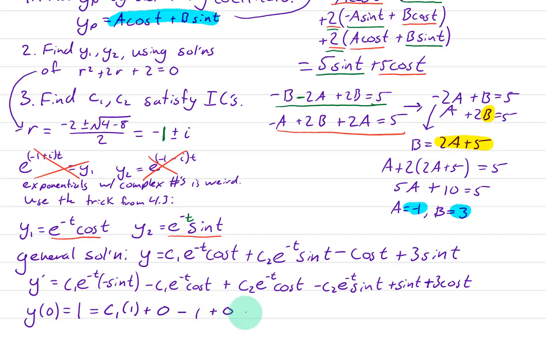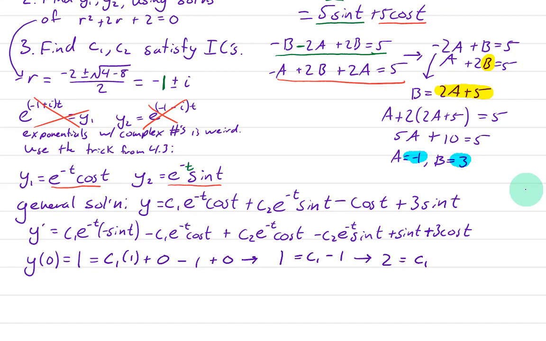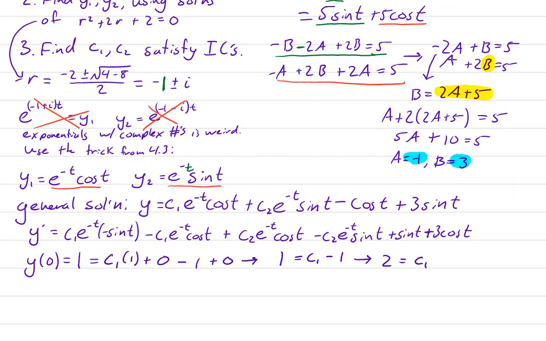In other words, 1 equals C1 minus 1, or 2 equals C1. So I can always just plug in C1 equals 2 here.